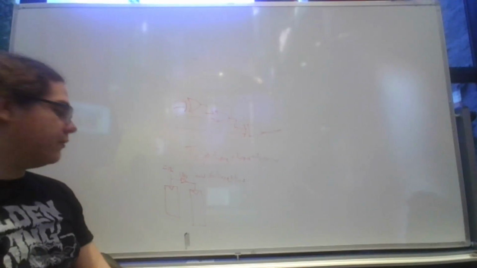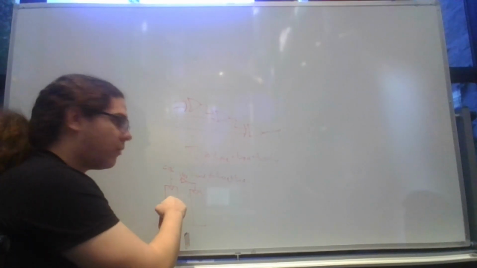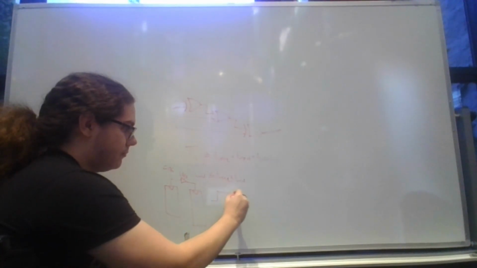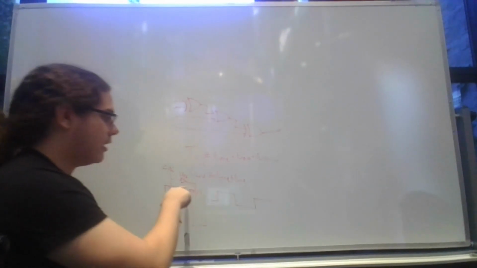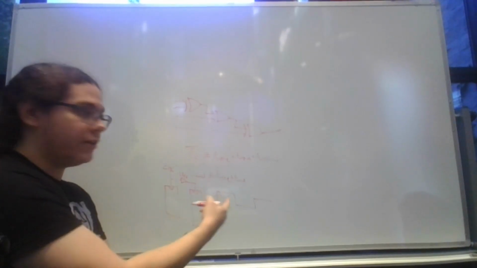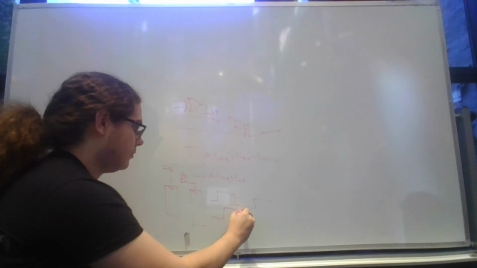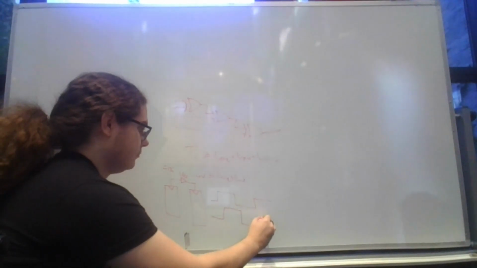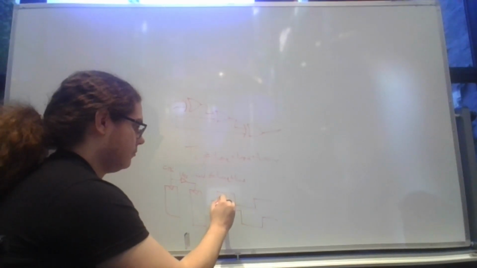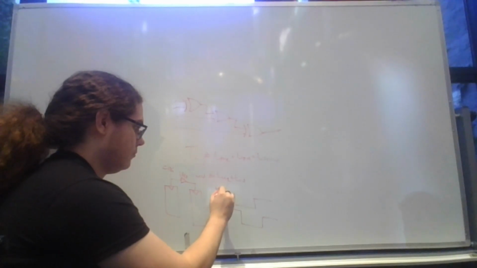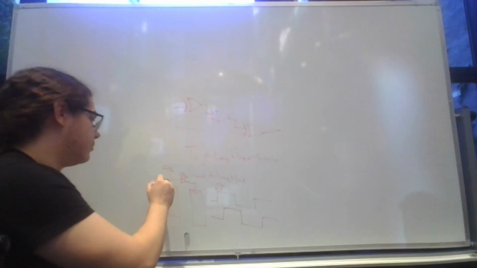So let's ask ourselves, if this clock arrives at some time, and then the clock arrives at the second register at a later time, specifically 10 picoseconds later, we have a diagram that looks like this.